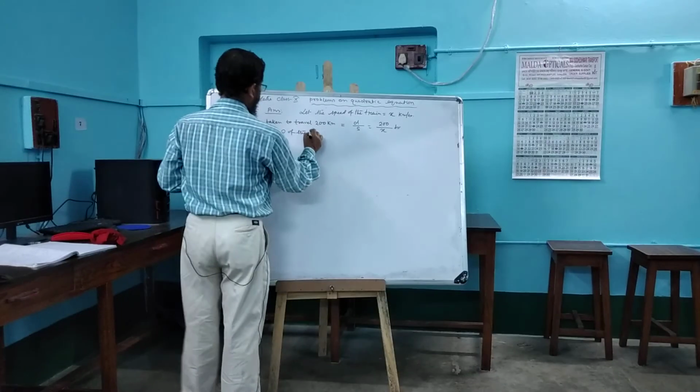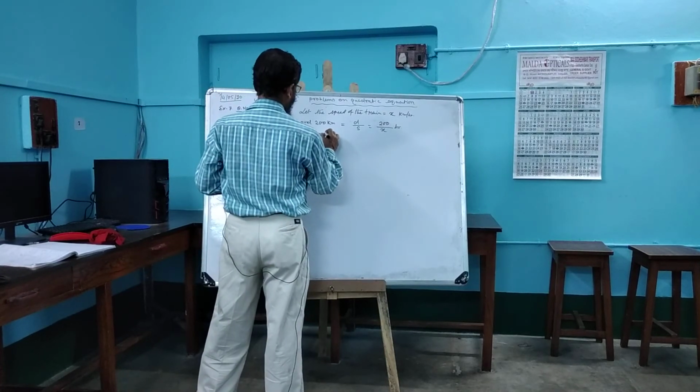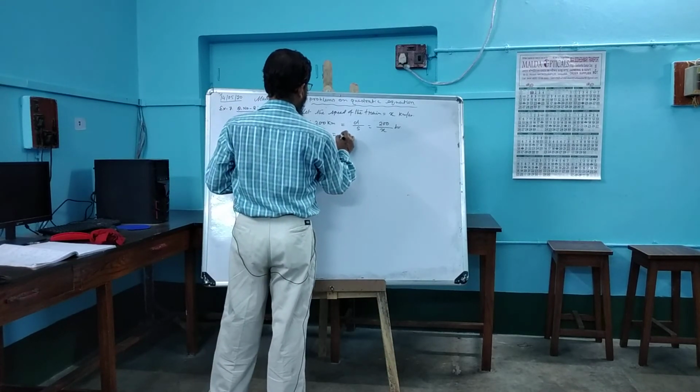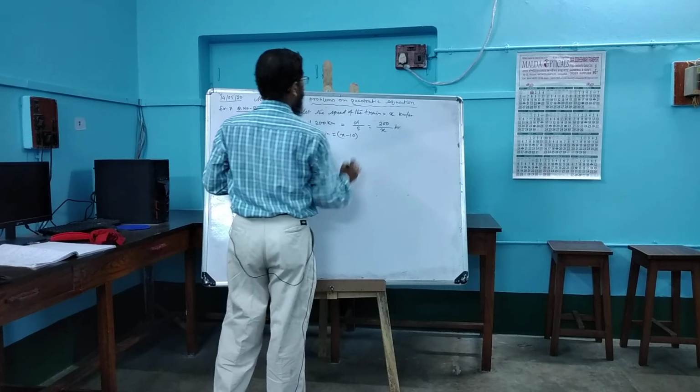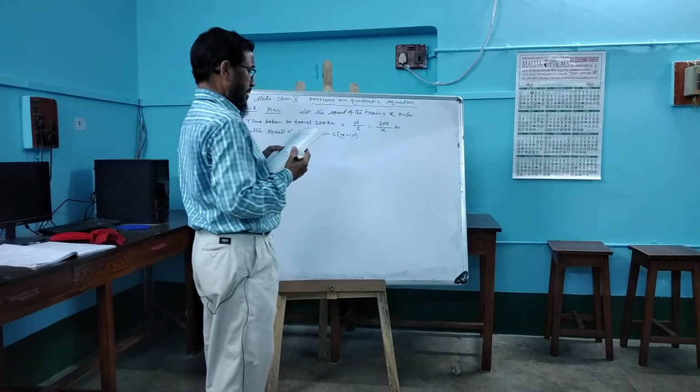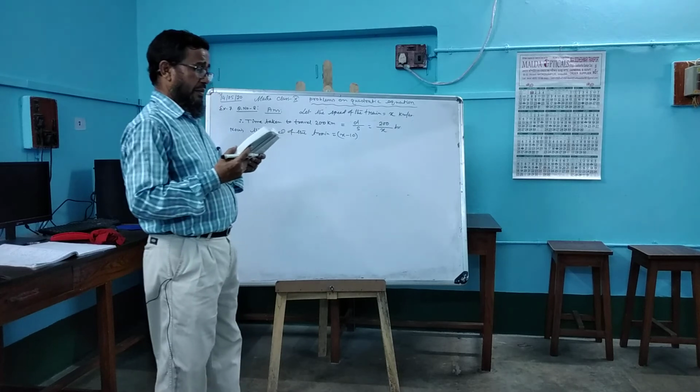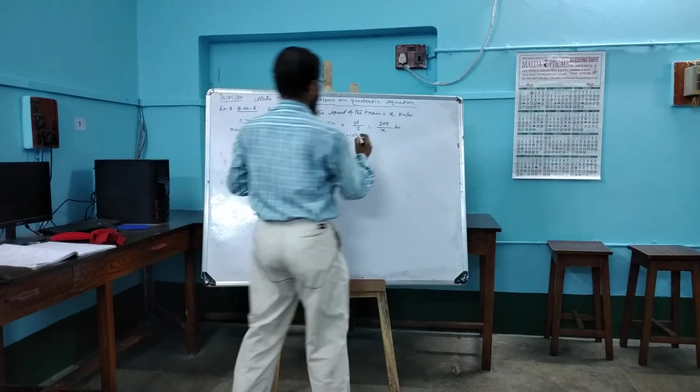Now, the speed of the train equal to x minus 10 kilometers per hour.